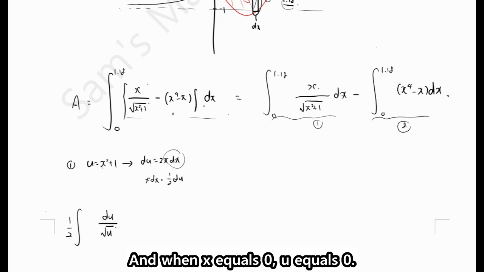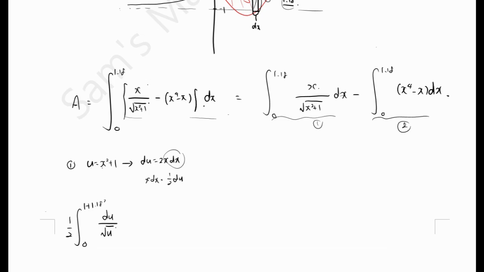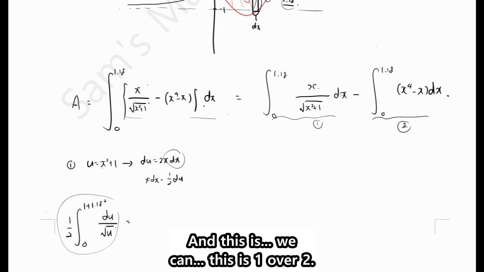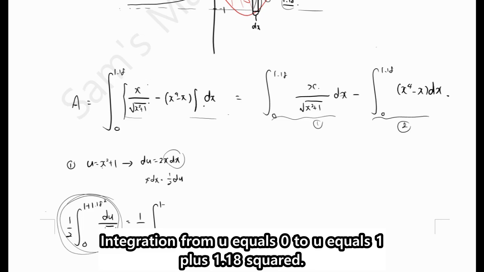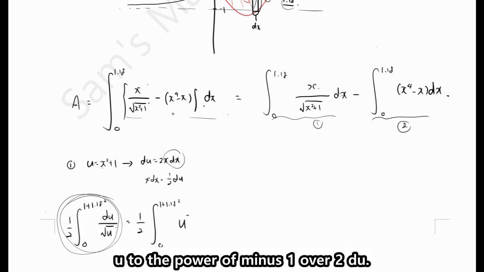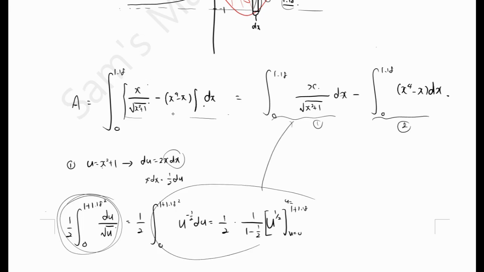When x equals 0, u equals 1, and when x equals 1.18, u is 1 plus 1.18 squared. So it is 1 over 2 times the integration from u equals 1 to u equals 1 plus 1.18 squared of u to the power of minus 1 over 2 du, which gives u to the power of 1 over 2.